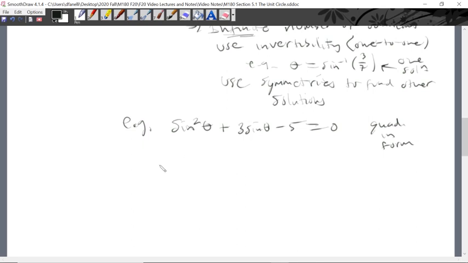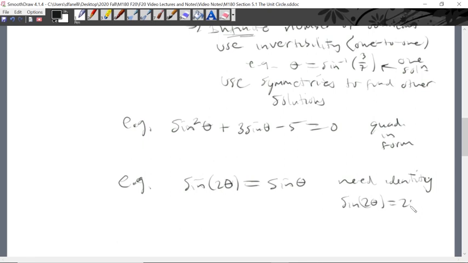And then use some other identities as well, like the double angle identities, for instance, where you could solve equations like when the sine of 2 theta is equal to the sine of theta. This is another type of equation whereby we would need to use an identity called a double angle identity or a double angle formula for the sine of 2 theta.